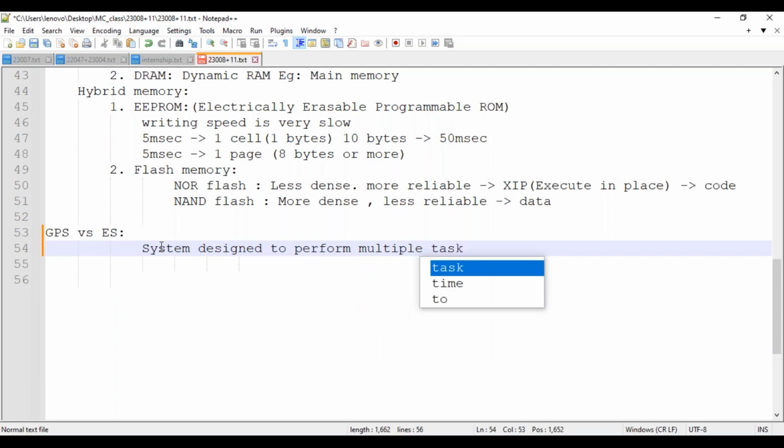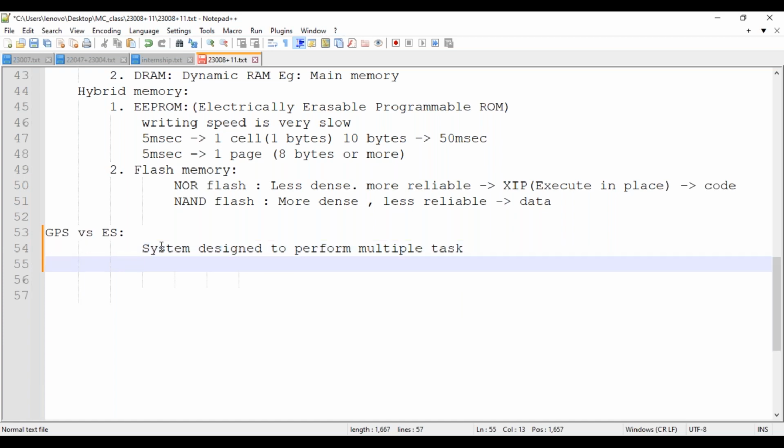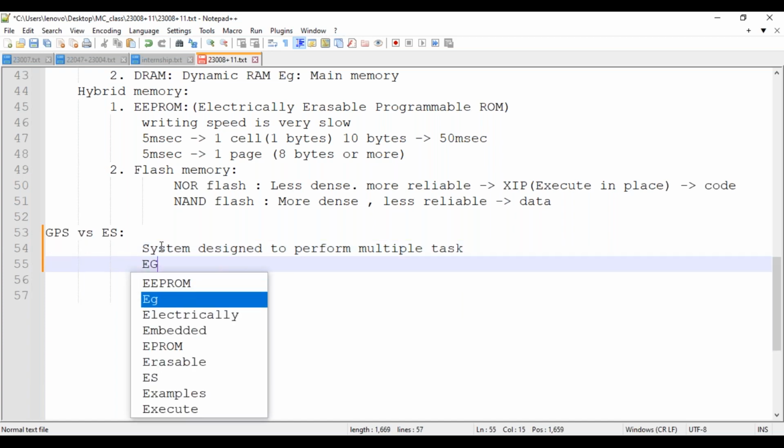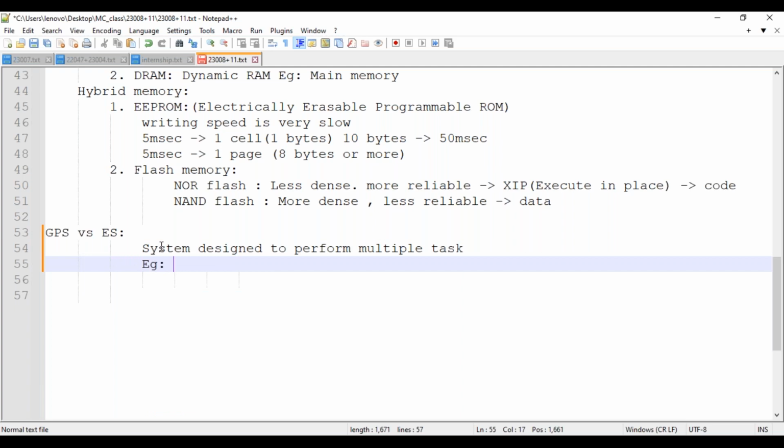Now, this general purpose system is capable of doing multiple tasks. And one good example for this general purpose system is, can you tell me what is an example for a general purpose system? Somebody said we can extend memory in case of a general purpose system.